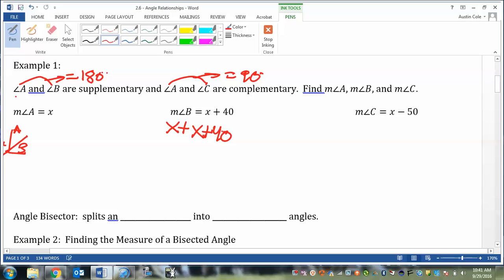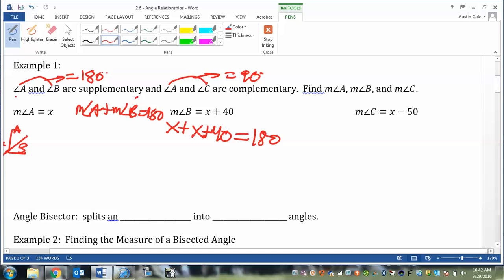So it's kind of like your substitution property. If the measure of angle A plus the measure of angle B equals 180, substitute in what angle A and what angle B are. You have X and X plus 40 equals 180.